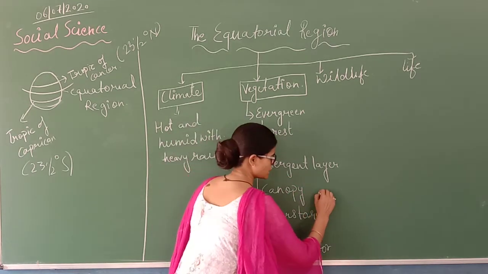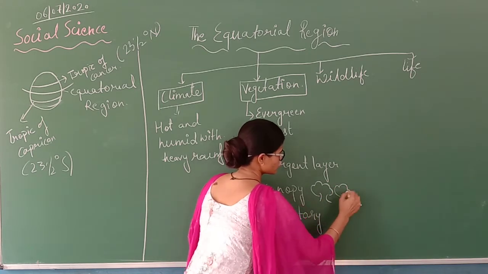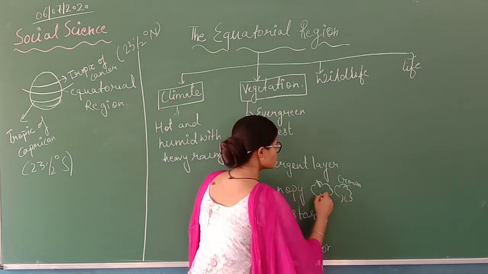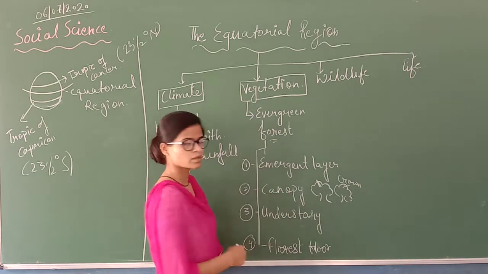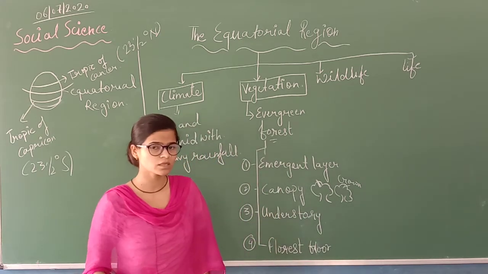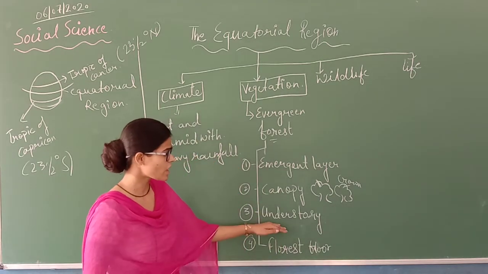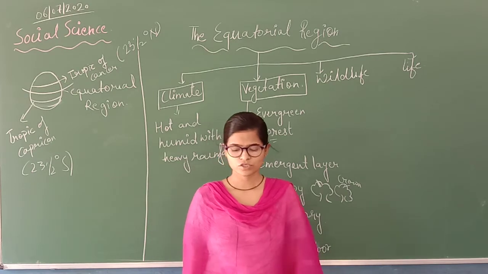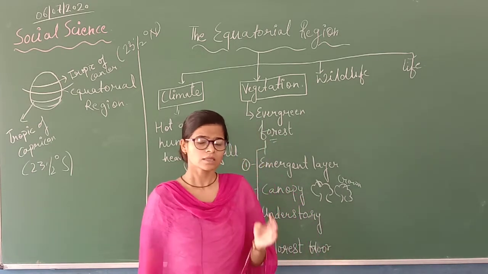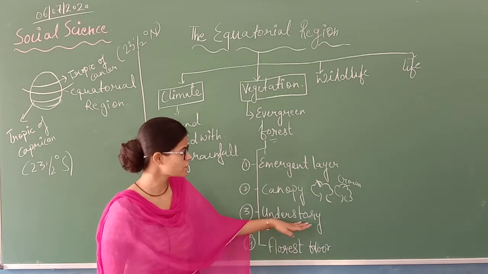So all plants which make crowns in the forest will come under this layer. Then we have the understory. In the understory, all the plants like shrubs and herbs will come under this layer.